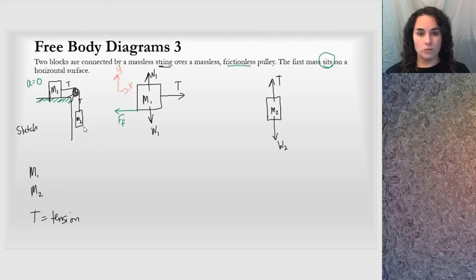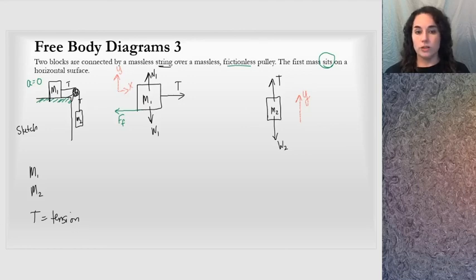When I look at M2, there's no supportive surface underneath, so there's no need to put a normal force on M2. And that's it. That's all for that free body diagram, just 2 forces. I'm going to assign a coordinate system while I'm here. I'll just have positive y. There's no x direction here, so I'm just assigning a vertical direction as positive, as 1 dimension.